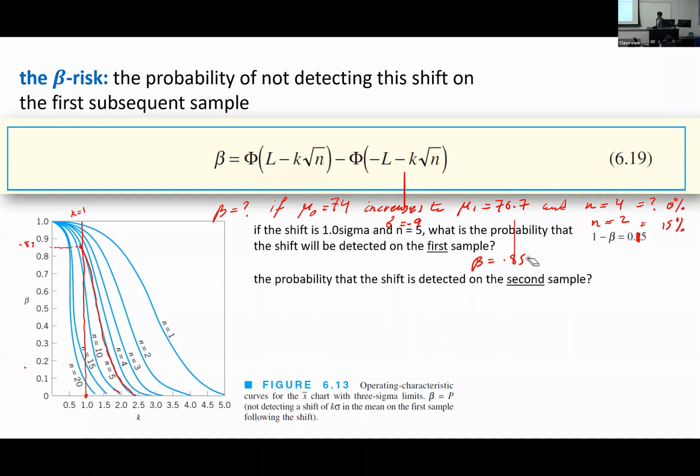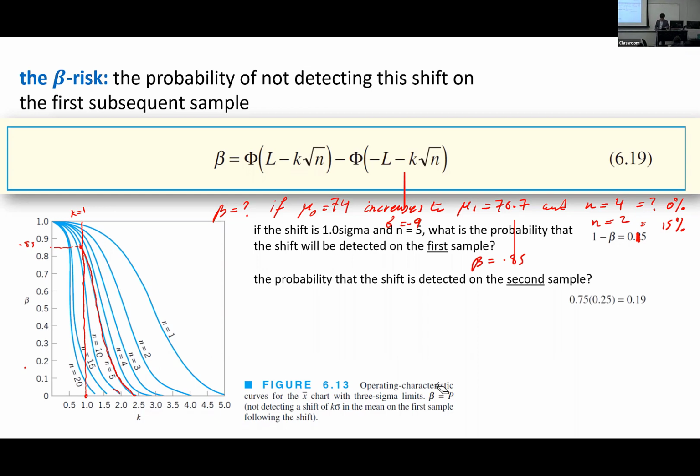How about this? The probability that the shift is detected on the second sample. What should happen for that? First one, you miss it. Second one, you get it. What's the probability of missing? Beta. What's the probability of detecting? 1 minus beta. First one, you lose it.